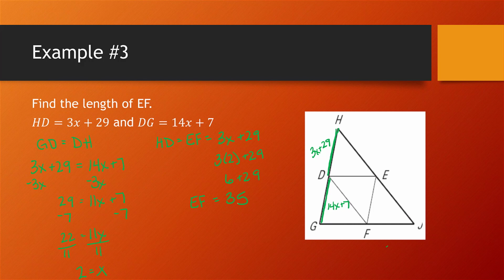And you'll get the same thing if you use DG. If I used EF equals DG, and that's 14x plus 7, if I plug in my 2, 28 plus 7 is 35, and that's still EF. So it does not matter. You just need to pick one or the other, okay?